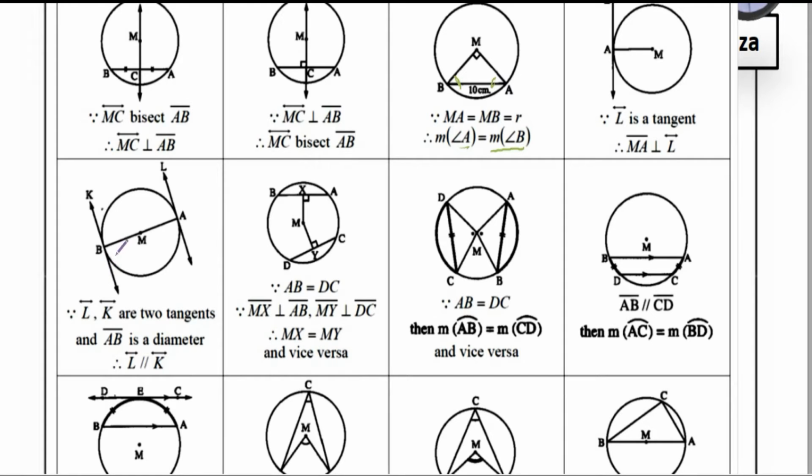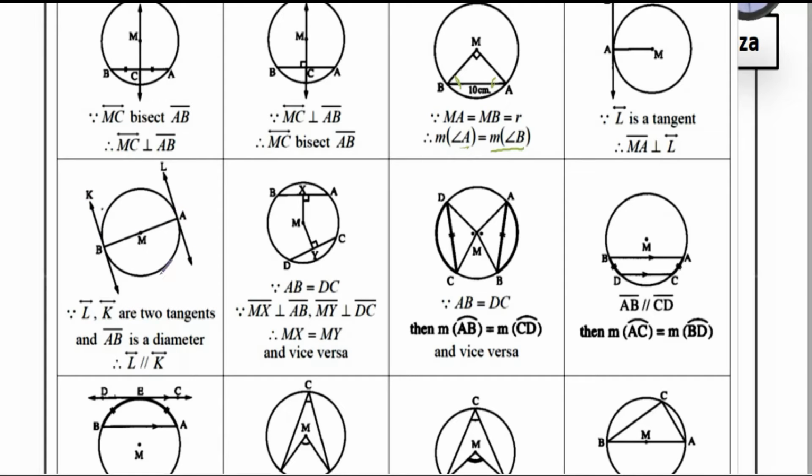You see here, AB is the diameter because it passes through the center M. The end points of the diameter are the two points A and B. The straight line L touches the circle at A, and the straight line K touches the circle at B. What do you deduce? The two tangents L and K are parallel.